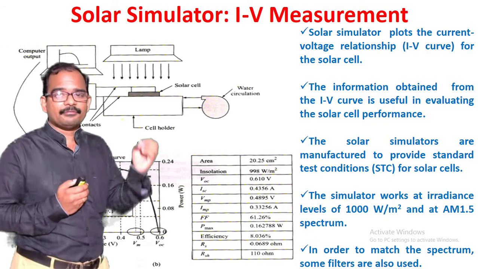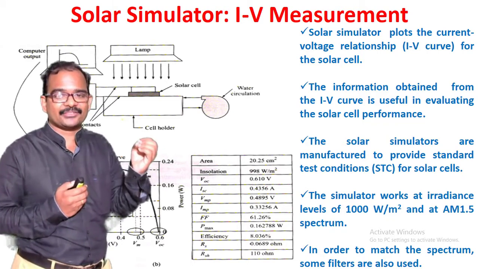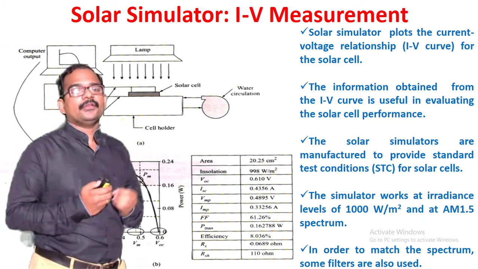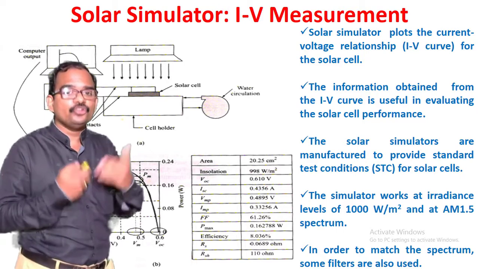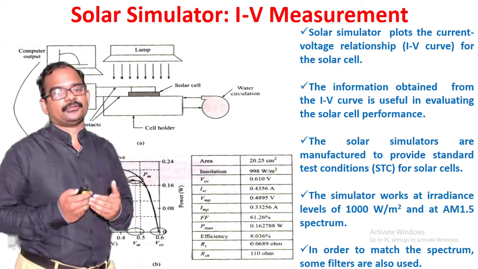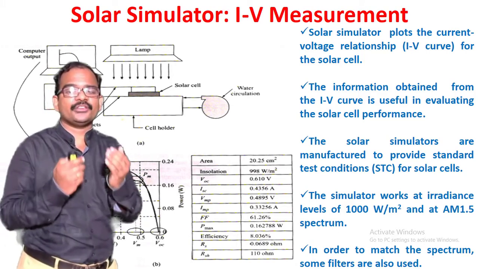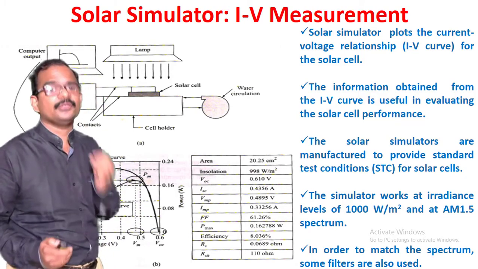So the simulator works at irradiation levels of 1000 watt per meter square and at an air mass of 1.5. So in order to match the spectrum, some filters are also used in the solar simulators. That is, to get 1.5 AM spectrum, we are using some filters in the solar simulator.